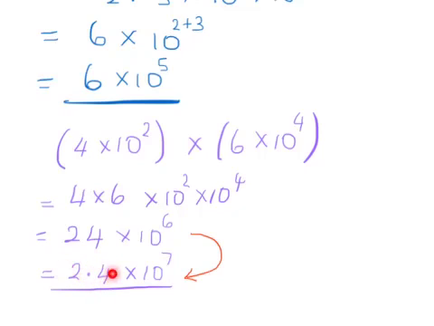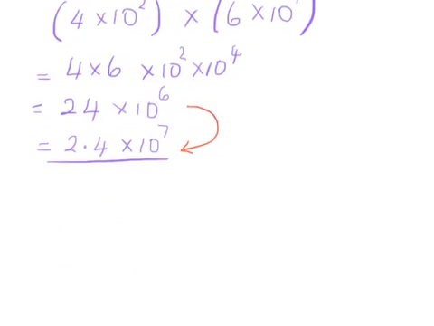So in other words, this number has become smaller. And therefore, to compensate for that, because these two numbers are supposed to be equal, this must get bigger. So that goes from 24 to 2.4, which is smaller, and this must go from 6 to 7, which is bigger.